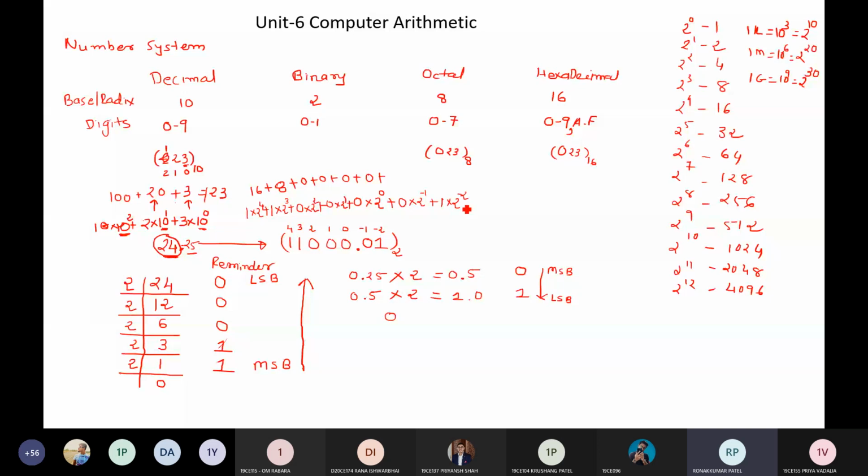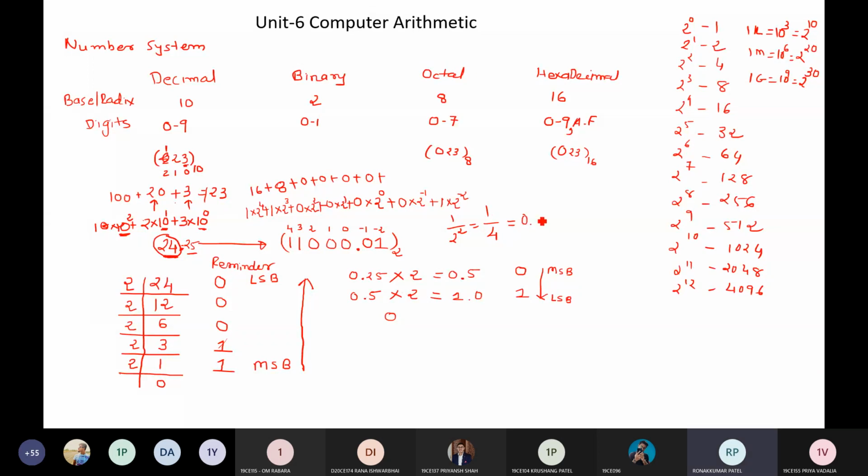So 1 into 2 raised to minus 2. To make it positive, this is written as 1 upon 2 raised to 2, right? 2 raised to 2 is 4. So 1/4. What is 1/4?